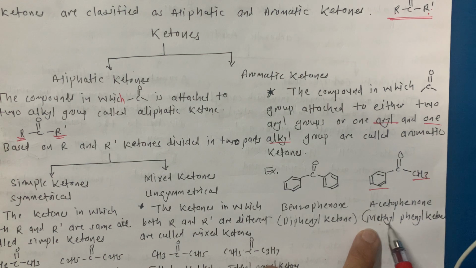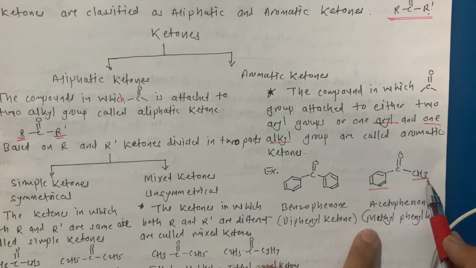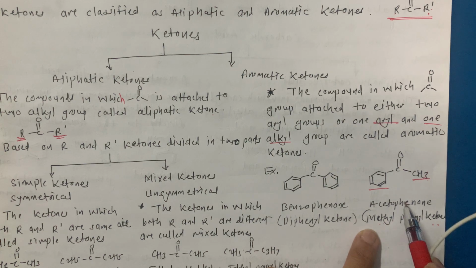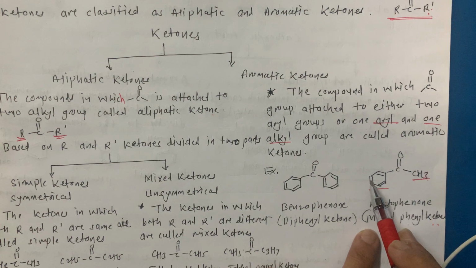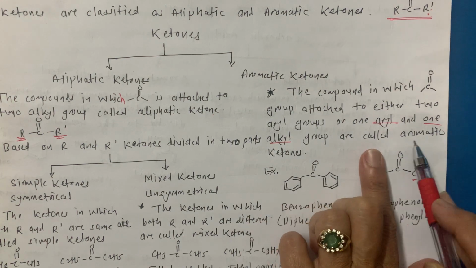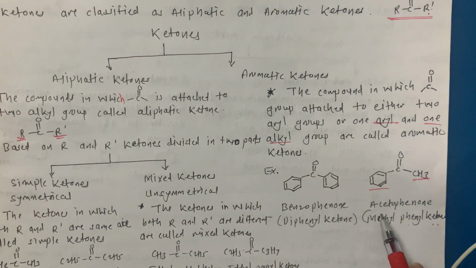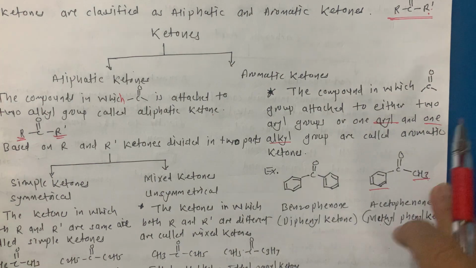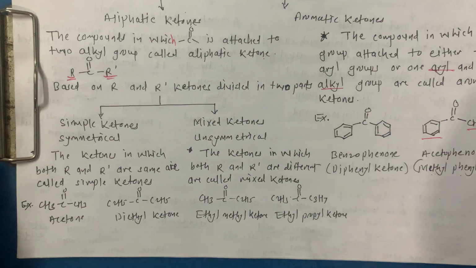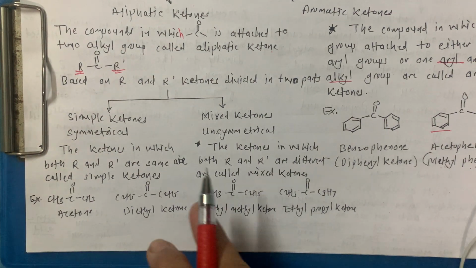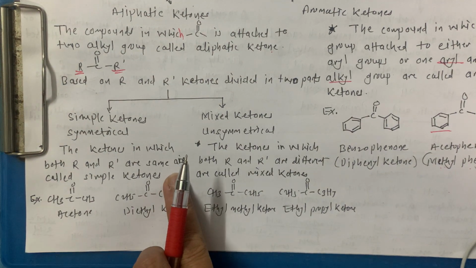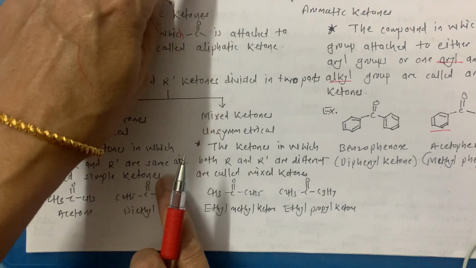So this is methyl phenyl ketone, or this may be called acetophenone. Why is this so? This is the phenyl group while this one is the acetyl group. So this is acetophenone.